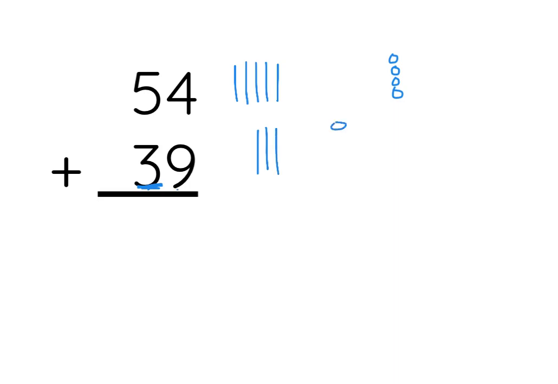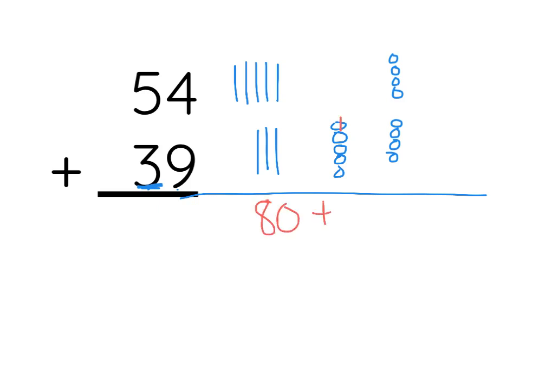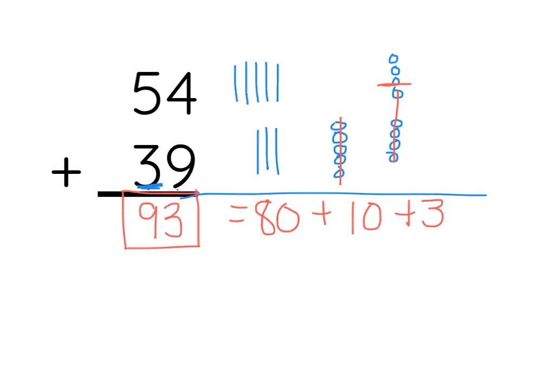And a 9, 1, 2, 3, 4, 5, 6, 7, 8, 9. 50 plus 30 equals 80. This 5 needs his partner, which is a 4 and a 1. So 10 plus the 3 left over. 80 plus 10 plus 3 equals 93. Nice.